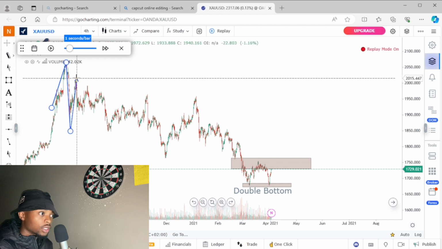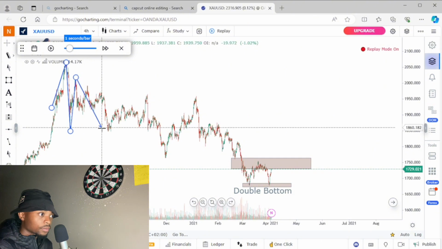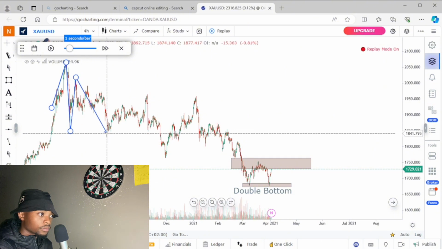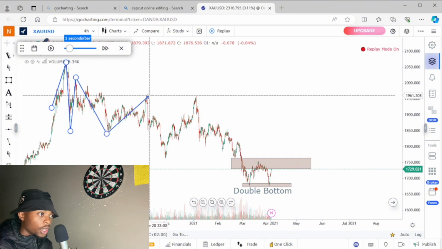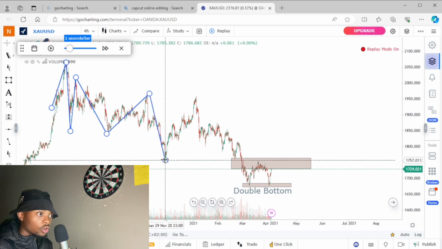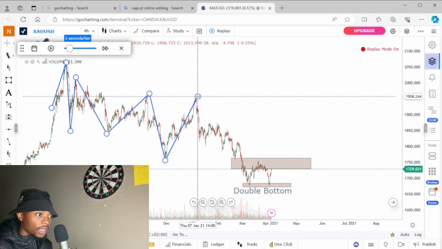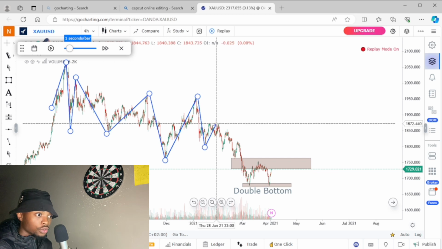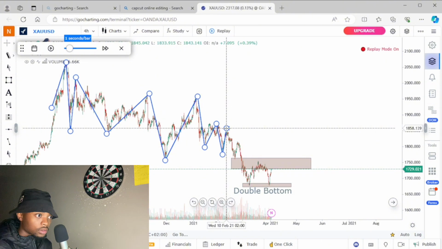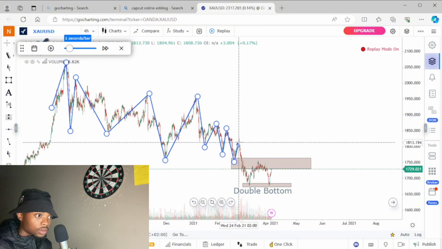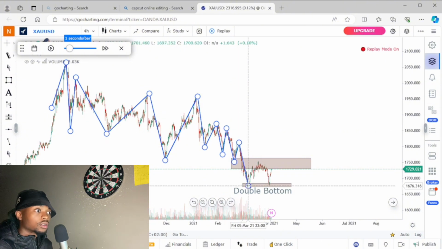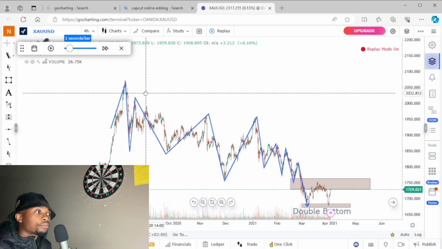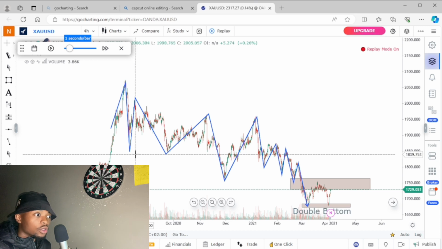As we can see, the market is forming lower highs and lower lows. So we can see right here that the market is forming these lower highs and these lower lows.